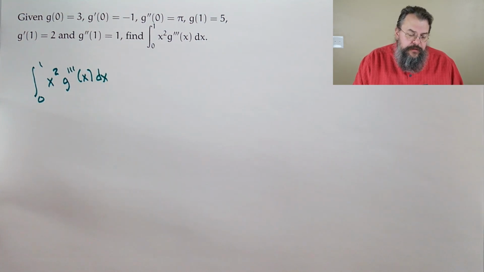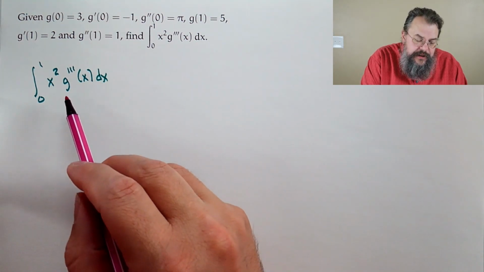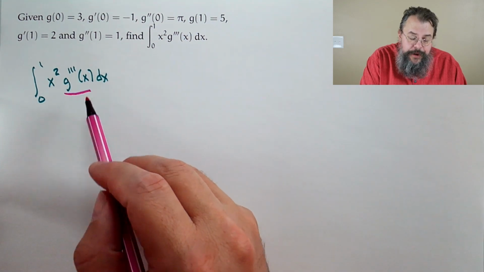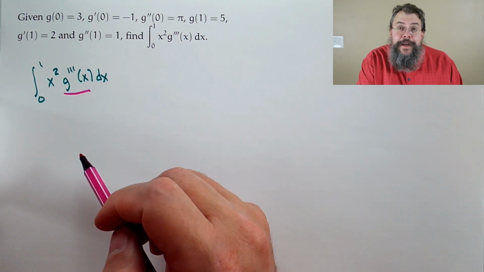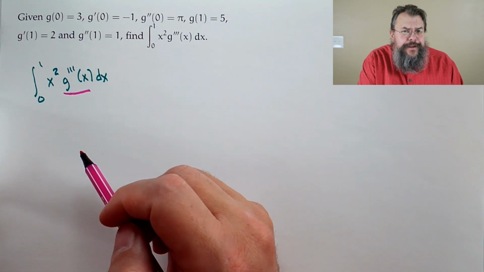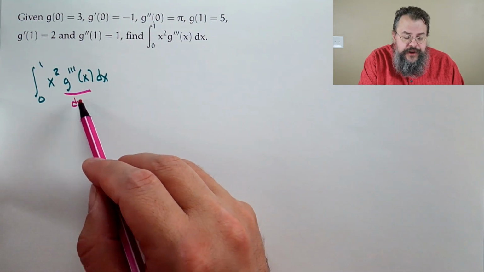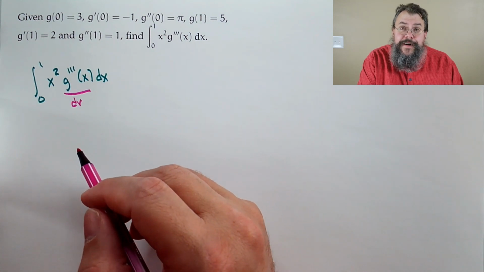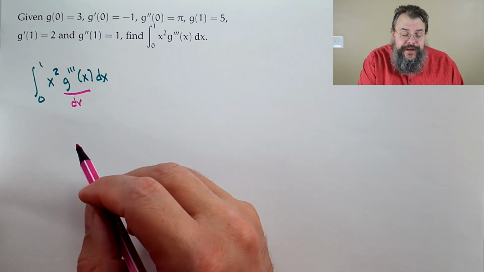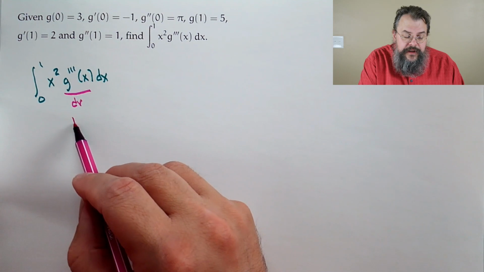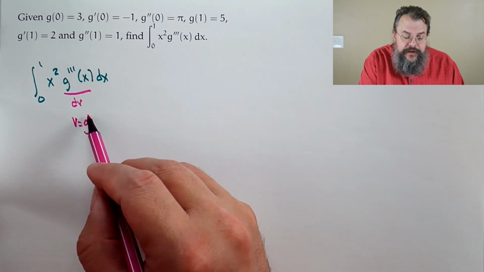So when we look at this, we say, hey, this part right here, we can integrate. And it doesn't necessarily feel that way, right? But think about it. If this is the third derivative, what's the integral of the third derivative? The integral of the third derivative is the second derivative.